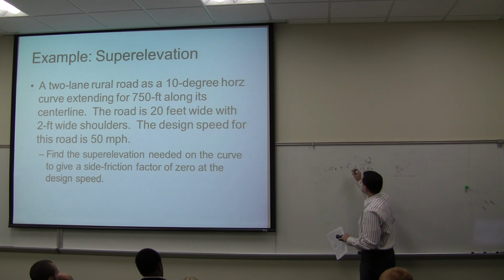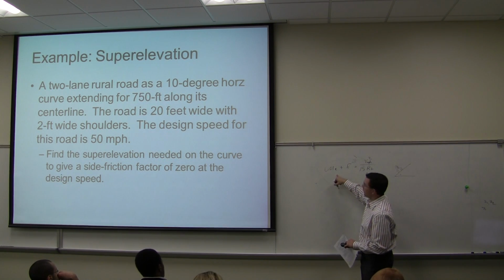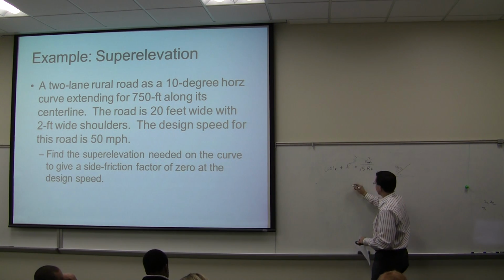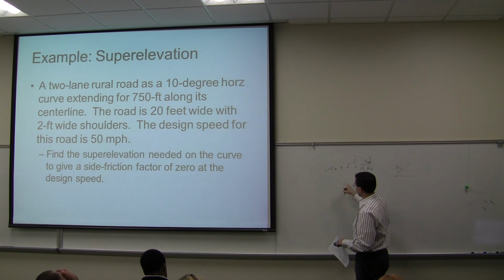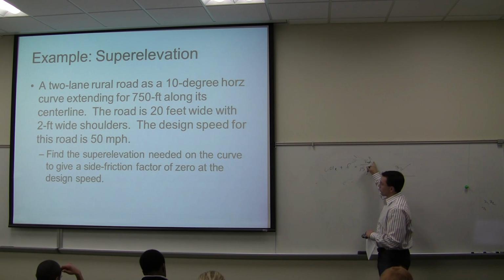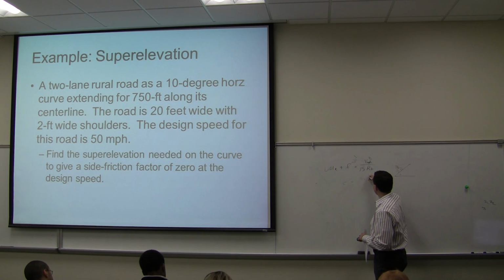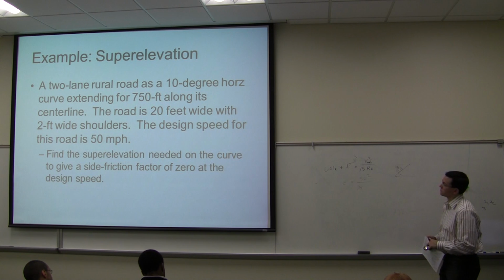So we're assuming that the side friction factor is going to go to 0, and we need to solve for superelevation. I'm going to drop this and just assume that the superelevation is in decimal format. So what's V squared going to be? What's our value for V? We got 50 squared over 15, and what is R?